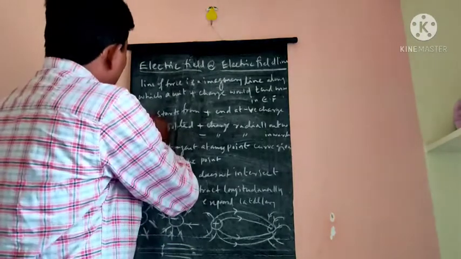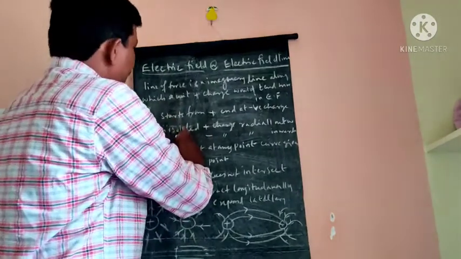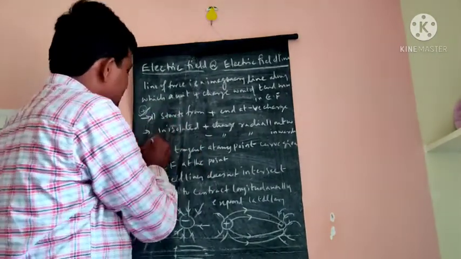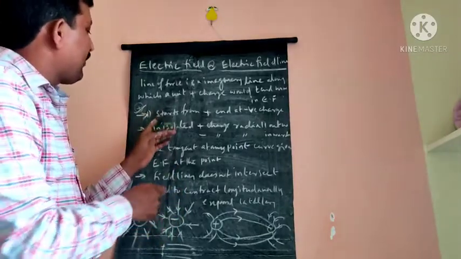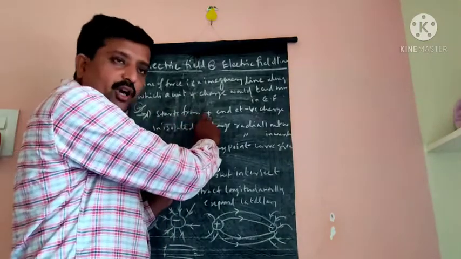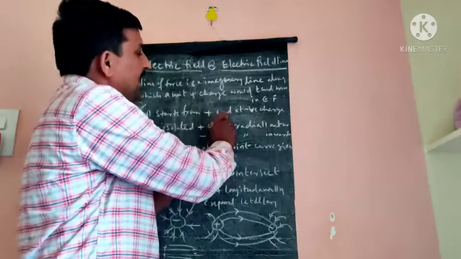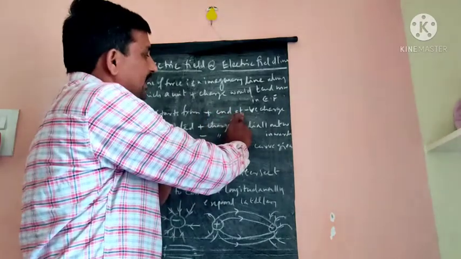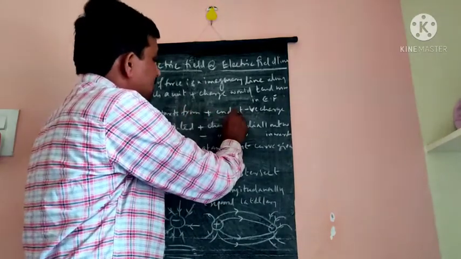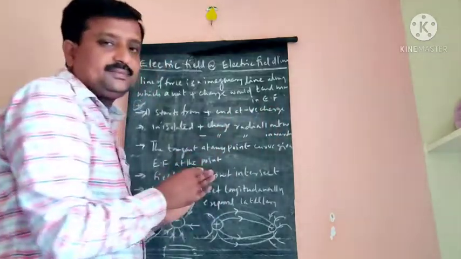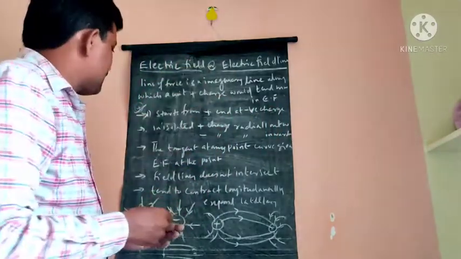What are the properties of electric field lines? The electric field line starts from a positive charge and ends at a negative charge.